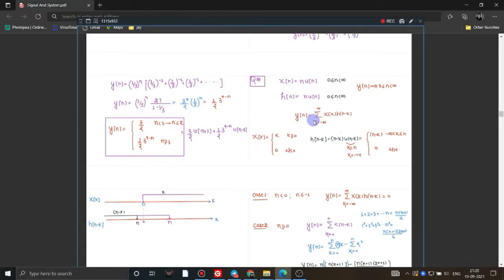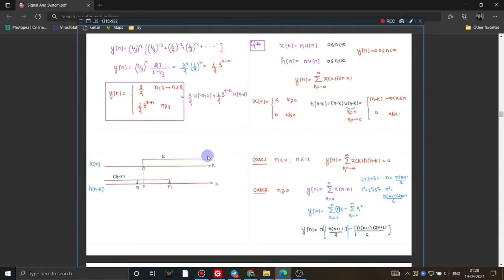So n minus k un minus k. Now here we can see that n is equal to k and our variable is k, which is negative. So it is from minus infinity to n, its value is n minus k and else is 0.